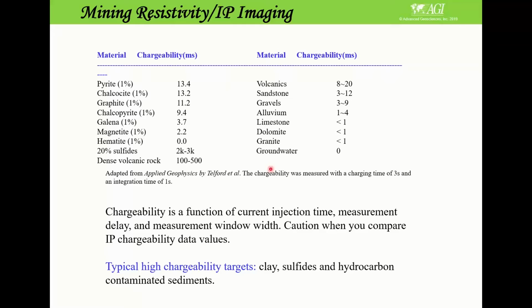You're not going to do the survey looking for these intervals in your measurement. Your measurement areas can always be different, and even within the same mineralization areas, from place to place it depends on the disseminations, massive mineralization, percentage, and other parameters that really affect the chargeability.